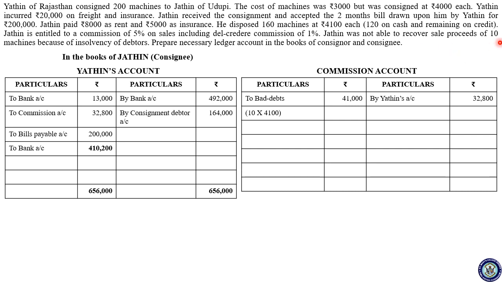So they were not able to recover the sale proceeds of 10 machines. So the selling price was 4,100. So here your commission is less than your bad debt, means the consignee has incurred the loss only. So it is by profit and loss account. Total 4,100 and the profit and loss 8,200.